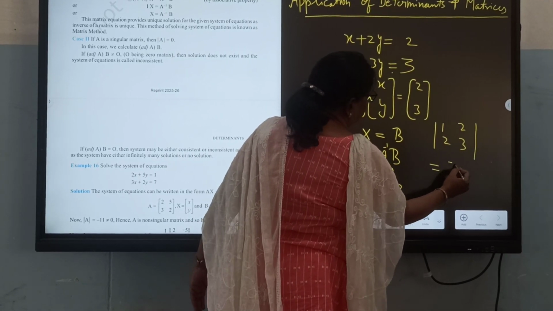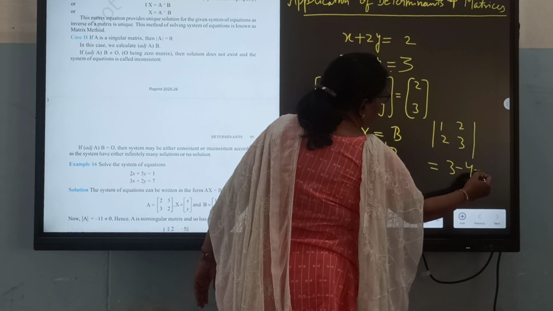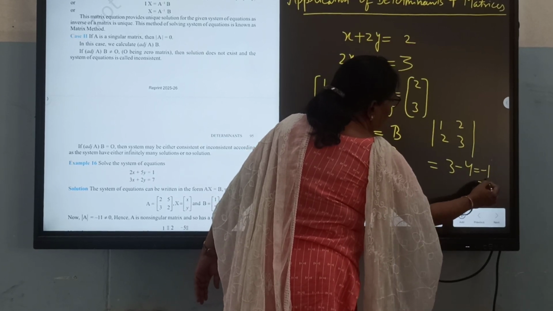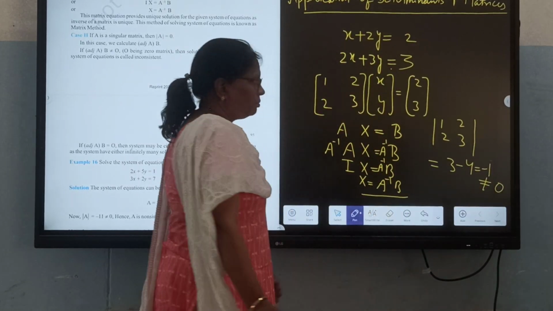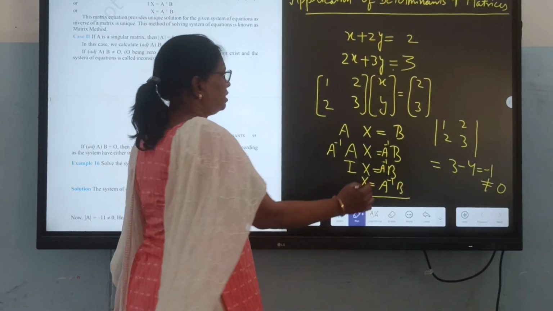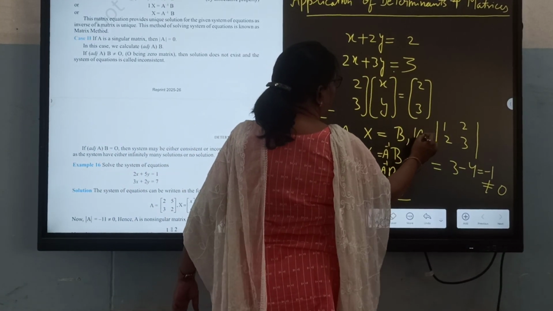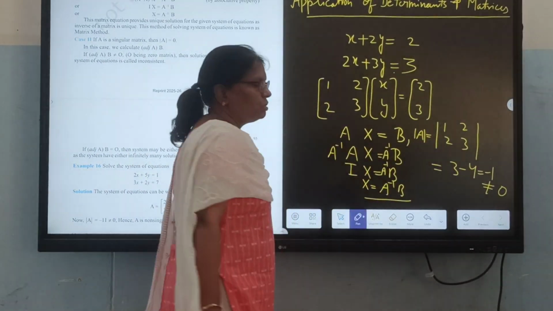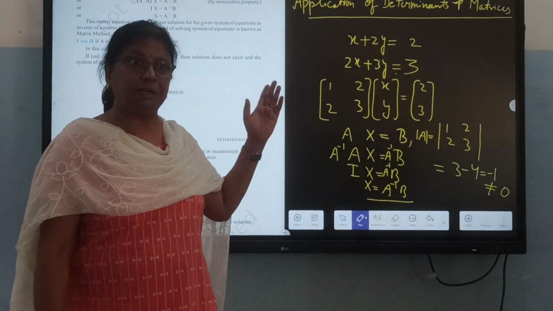Its value is 3 minus 4, that is minus 1, which is not equal to 0. Because the determinant of A is not equal to 0, the solution is consistent.